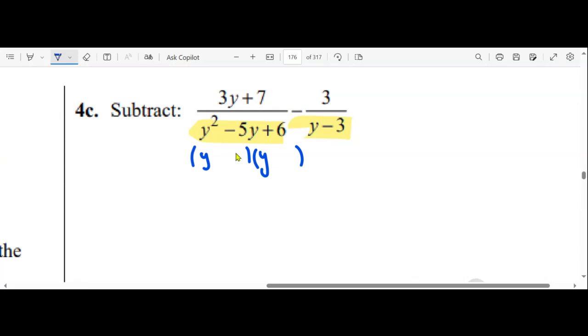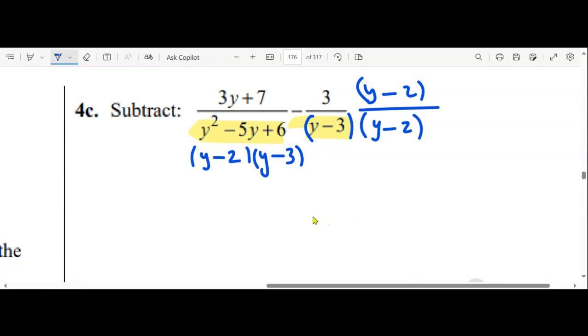Good. Now, are you lucky? What is it? So you have to multiply this times what? y minus 2. Very good. If you multiply in the bottom, now you have the same denominator, correct?